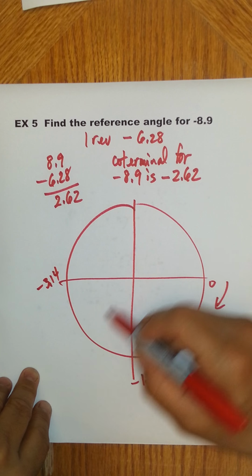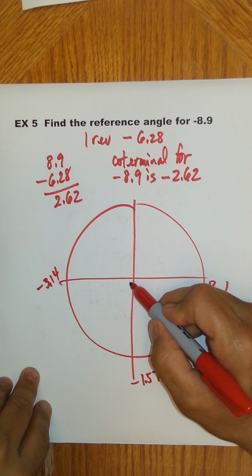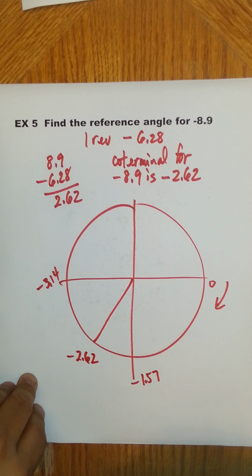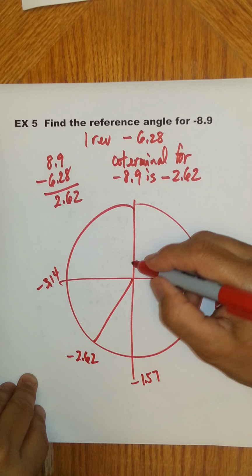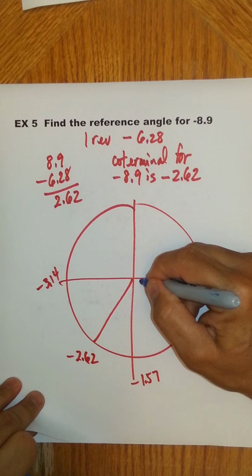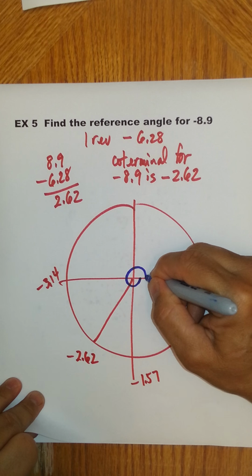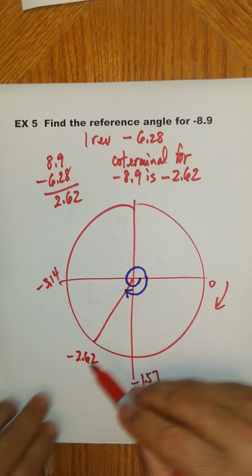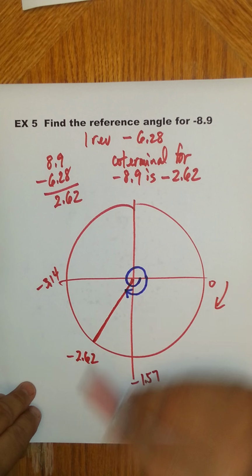So negative 2.62 is somewhere in this quadrant. So let's just say it's here, which it may or may not be. Again, I'm not being precise. But essentially what we've done then is we've gone in the negative direction 6.28, and then some right there. That's actually our rotation.